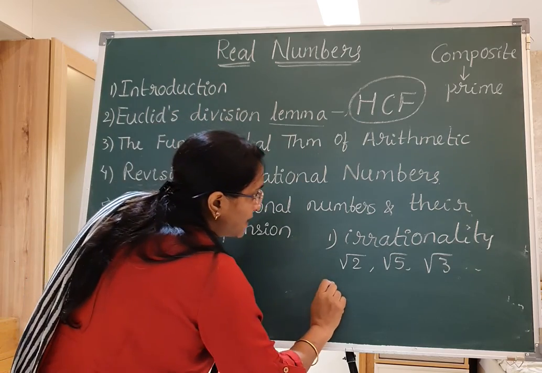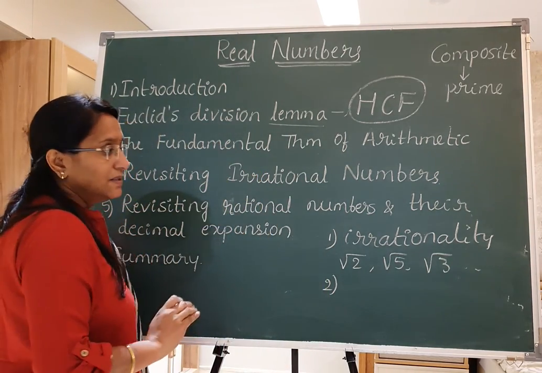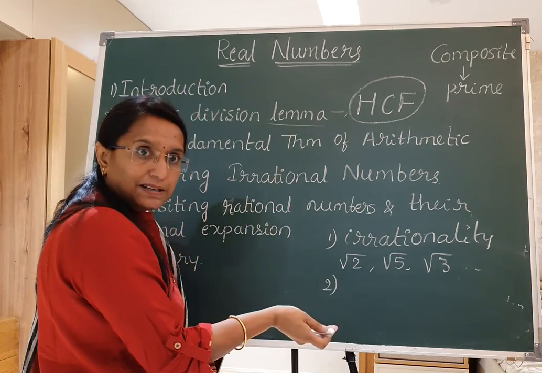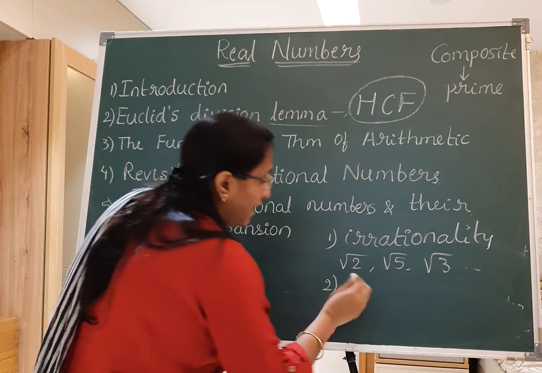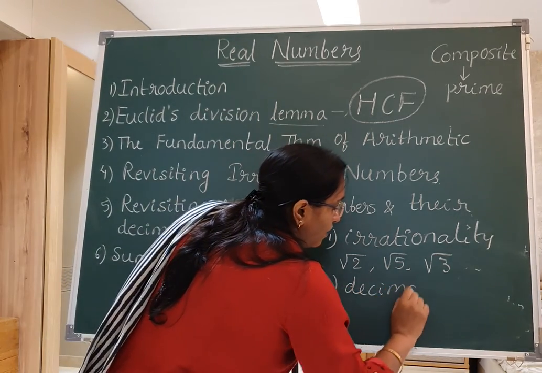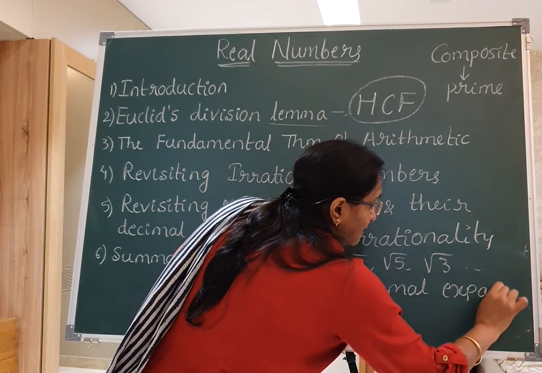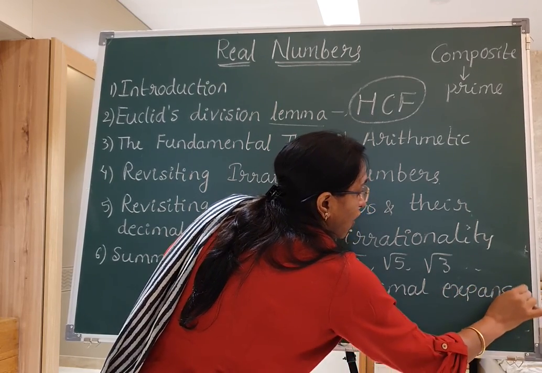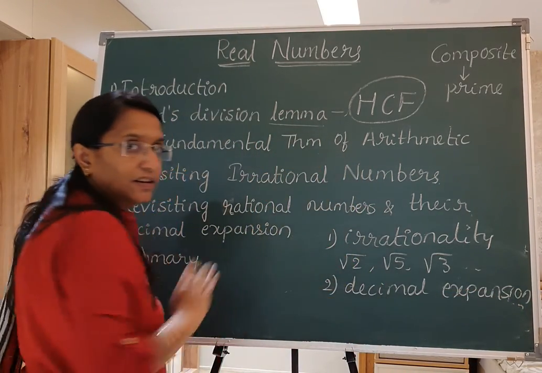What is the second application? When a number is rational, by using this theorem we can find out whether the decimal expansion of that number is terminating or repeating.